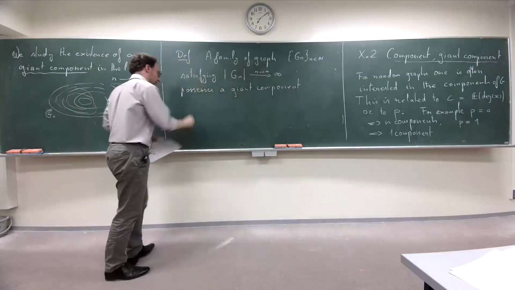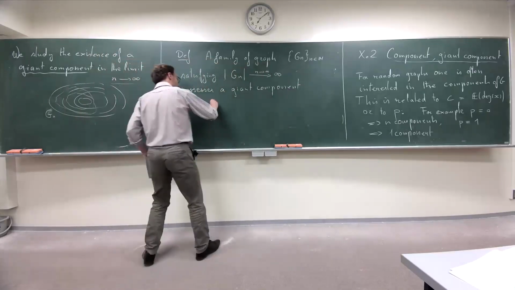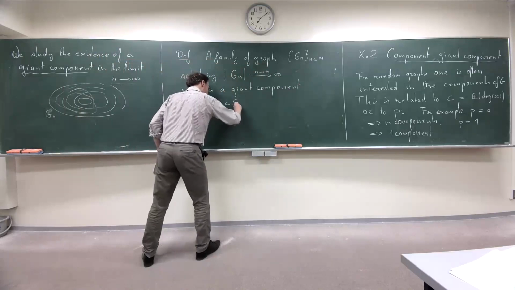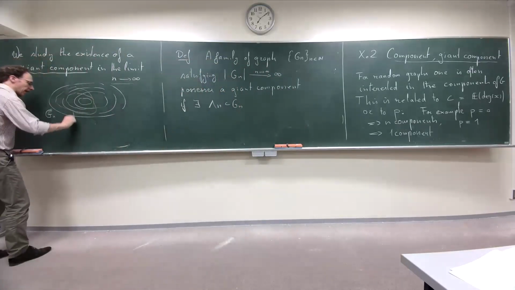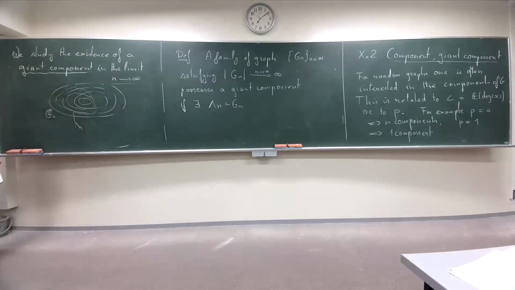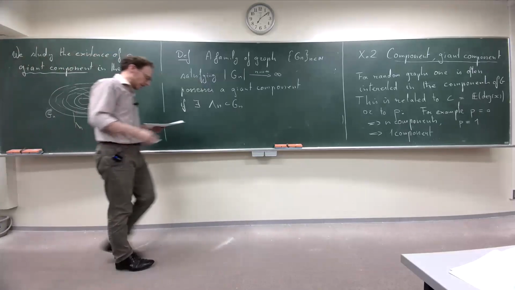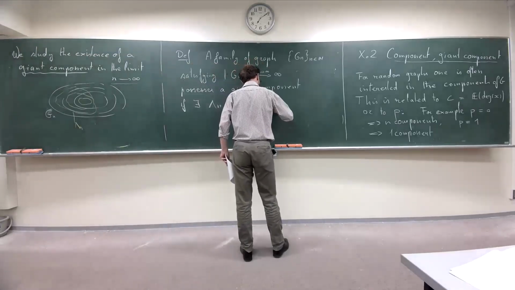if there exists a sequence of subsets Λn, the yellow ones, a subset in Gn, which is a connected graph.